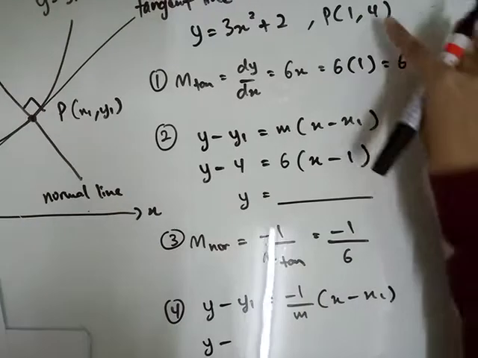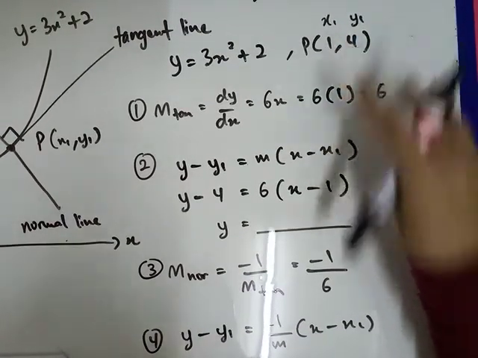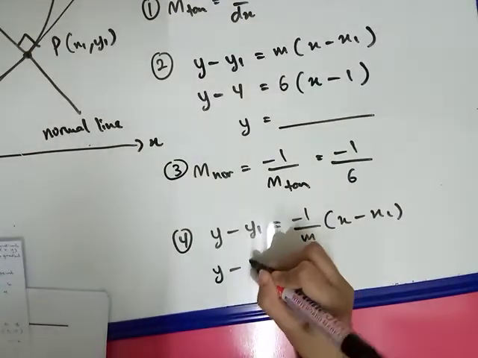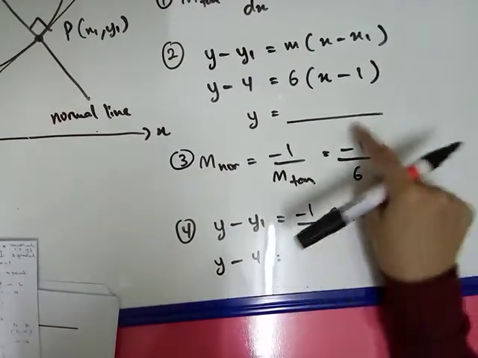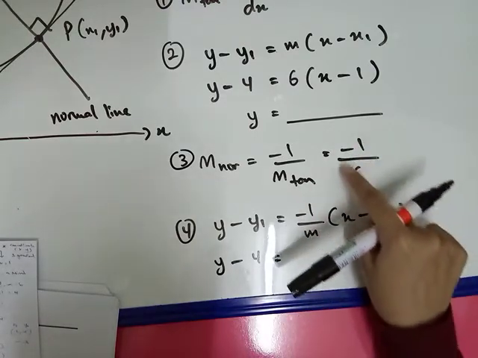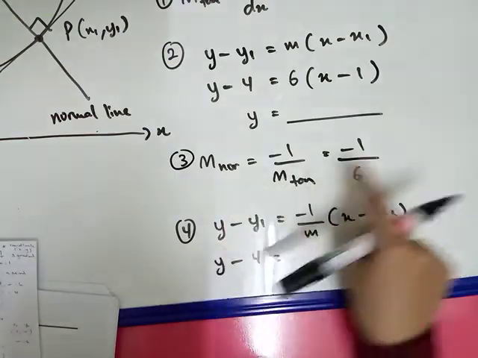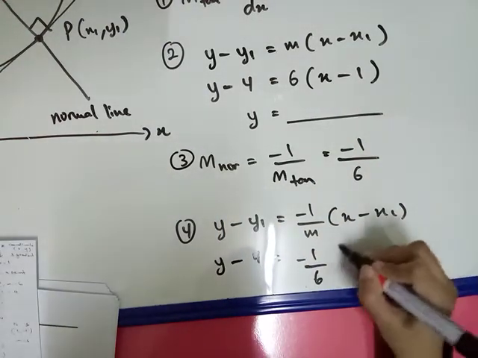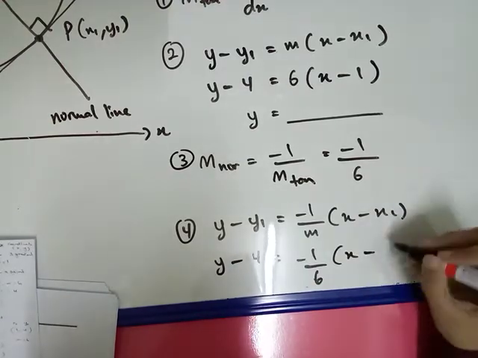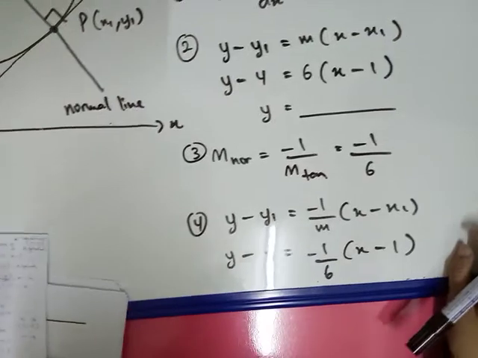So use this point, y1 is 4, x1 is 1. So y minus 4 equals negative 1 over m, which you have already found, negative 1 over 6. Negative 1 over m means the gradient for the normal, negative 1 over 6. And then x minus x1, which is 1. And then you need to solve to get an equation.